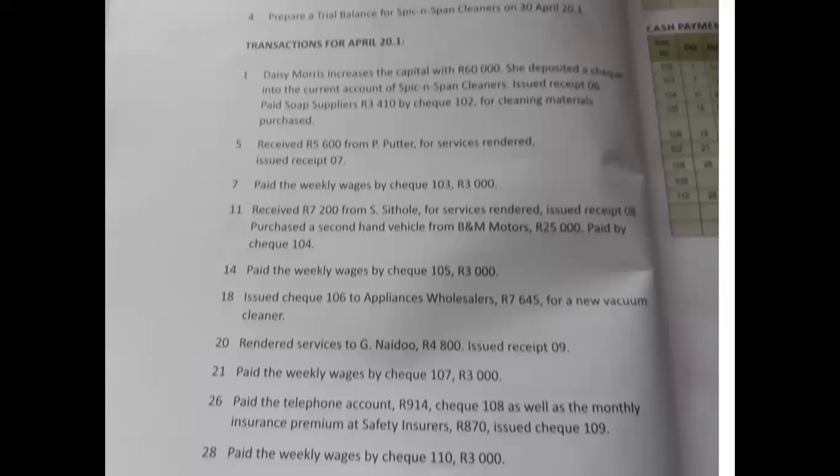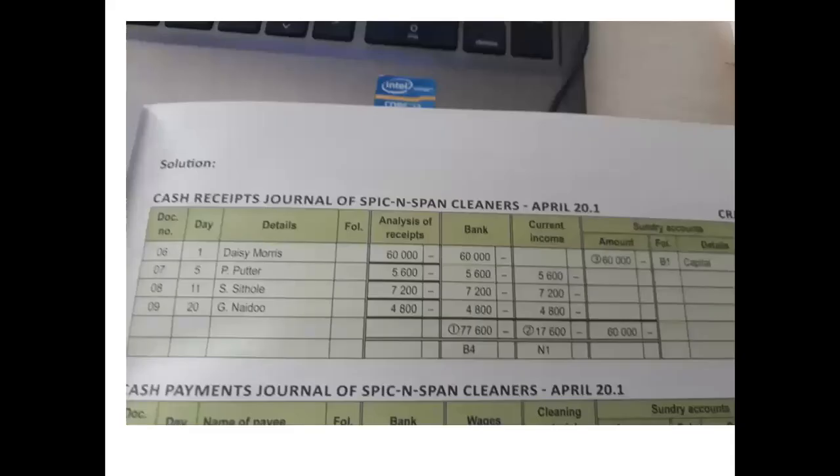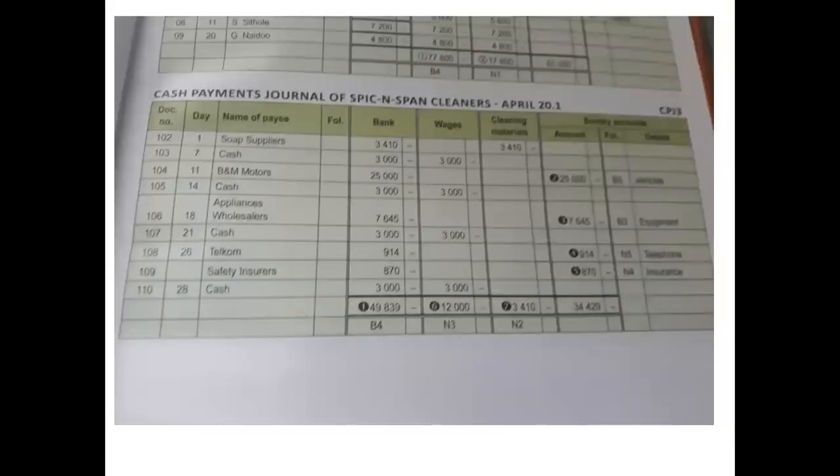So quickly scan, or let's first take the telephone one so you can remember. So the telephone one to the CPJ is check 108 of 914 Rand. So there you guys will see on the 26th, there is check 108. Telkom, you're going to pay 914 Rand in bank, and it's for telephone with Sundry accounts.